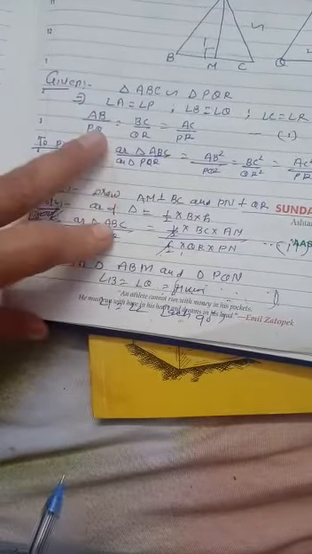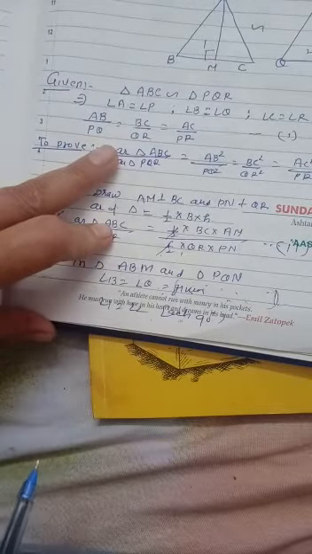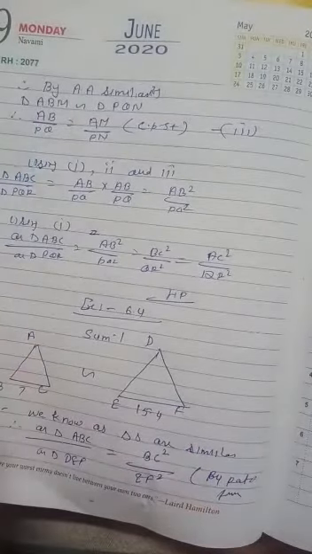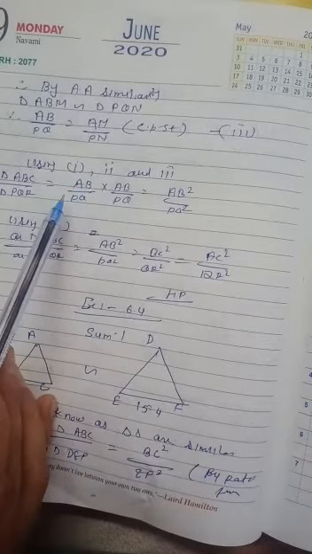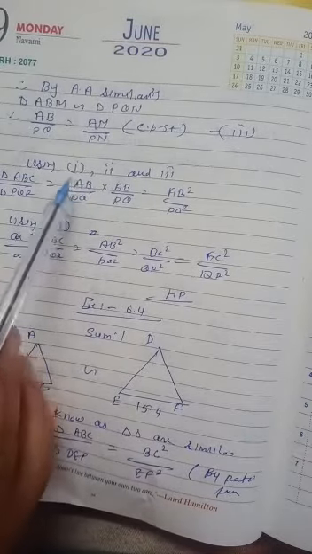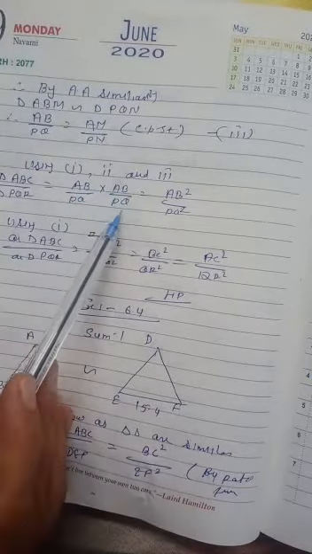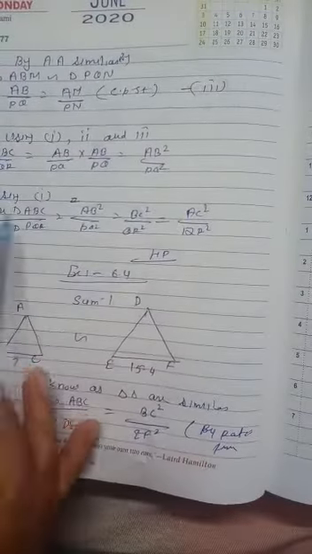Means instead of BC upon QR we can write AB upon PQ, and instead of AM upon PN we can also write AB upon PQ. So what we have done in area of triangle, we have replaced BC upon QR by AB upon PQ, and AM upon PN also by AB upon PQ, so that it becomes squares. Okay, now this we have shown using given.